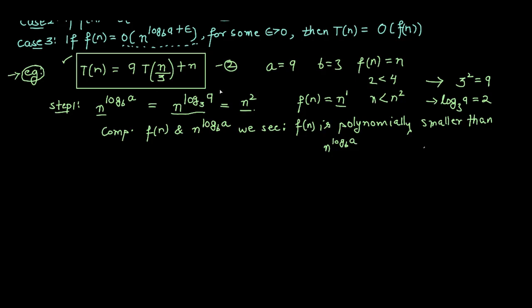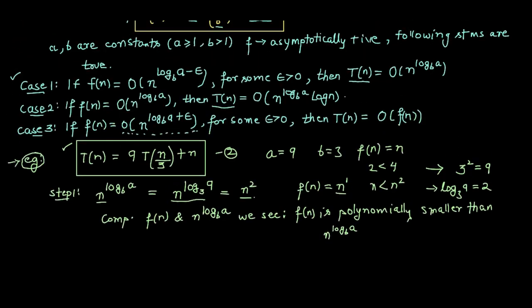When the value of the function is polynomially smaller than this value, then we know that this represents our case 1, where it is said that the function is big O of n raised to the power log base b of a minus epsilon. Minus epsilon basically means slightly smaller than, polynomially smaller than n raised to log base b of a. So we are going to apply case 1, because this condition is true.